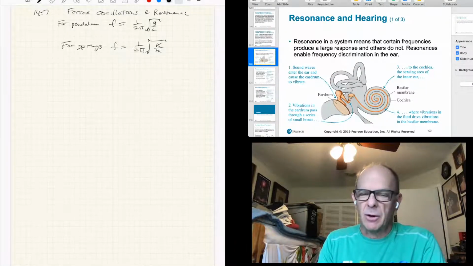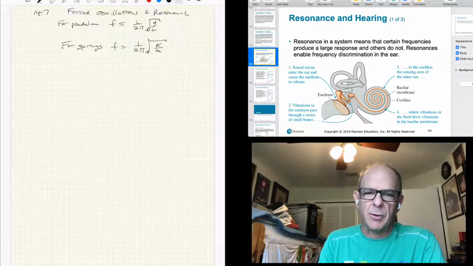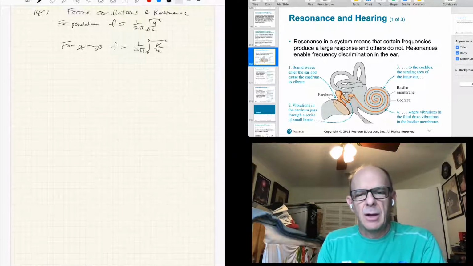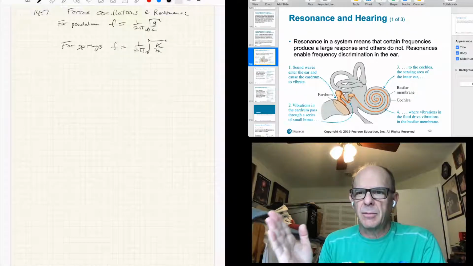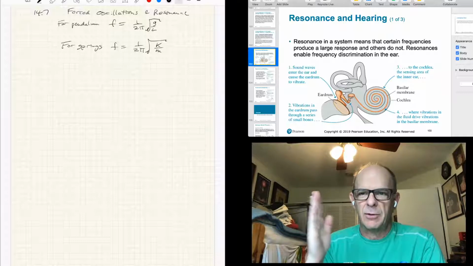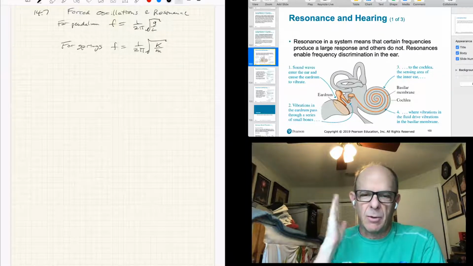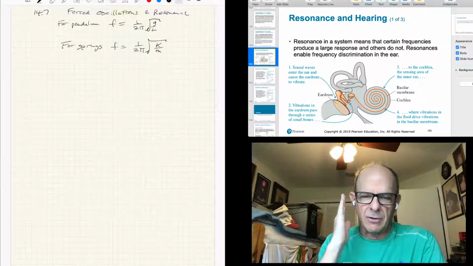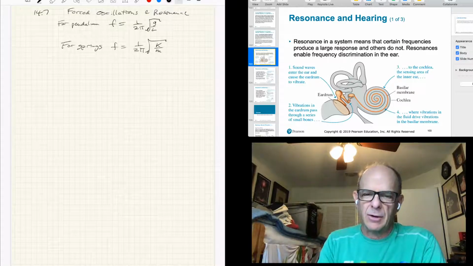And the last conceptual example before we work out our own example has to do with hearing. Hearing involves different frequencies. The different tones that we hear correspond to different frequencies of the vibration of air, which causes the mechanisms in our ear to vibrate at different frequencies.